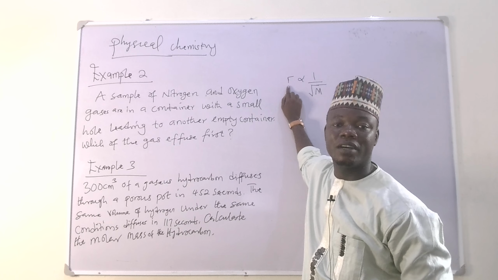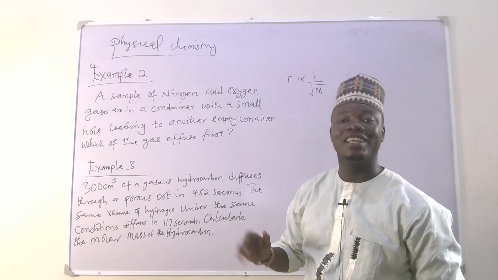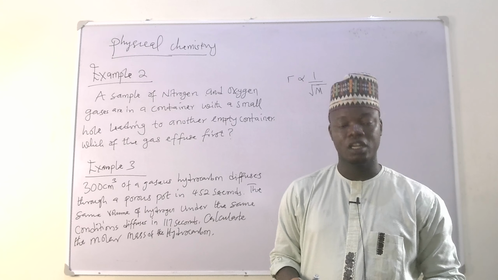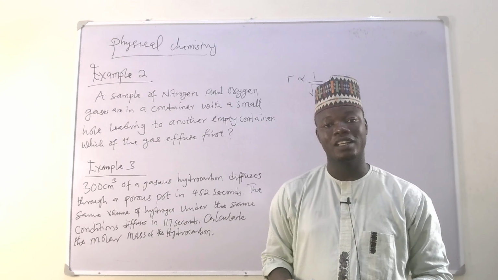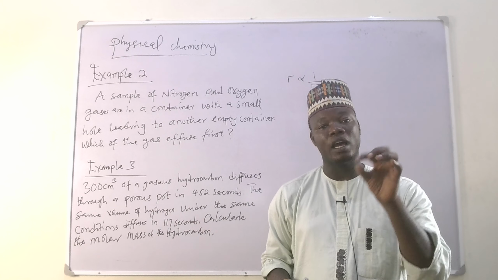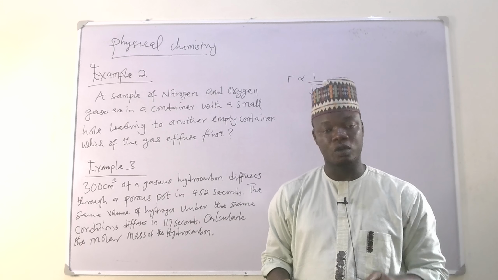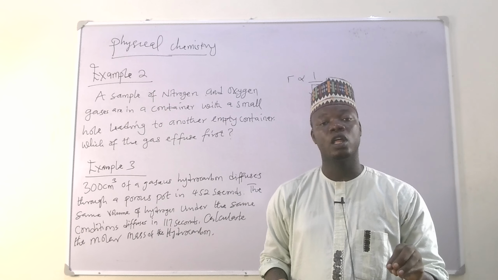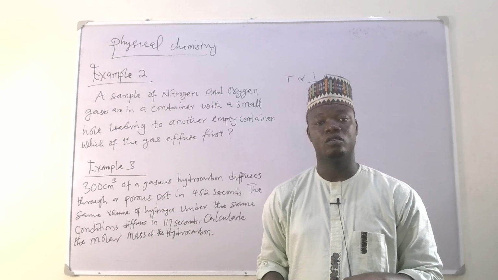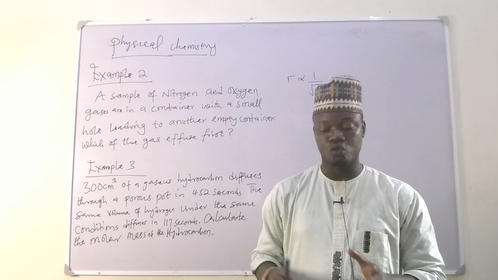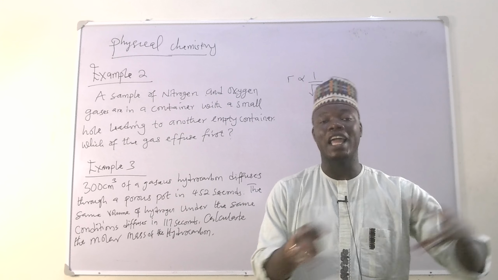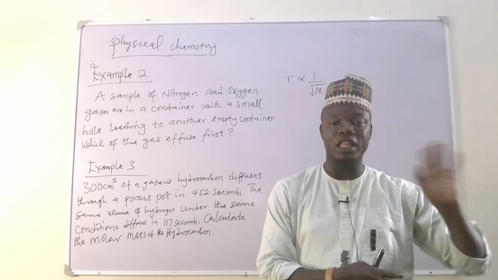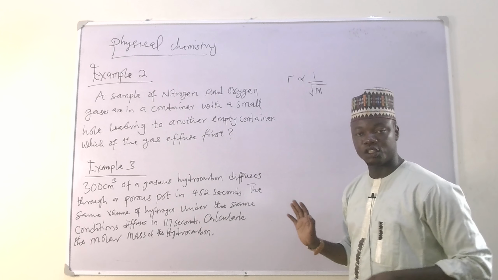And the lower the molecular mass, the higher the rate of diffusion, because it is an inverse relationship. So whenever we are talking about an inverse relationship with two gases, the one that has the higher molecular mass will have the lower rate of diffusion, and the one with the lower molecular mass will have the higher rate of diffusion.